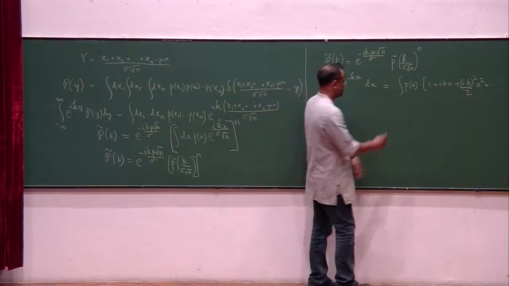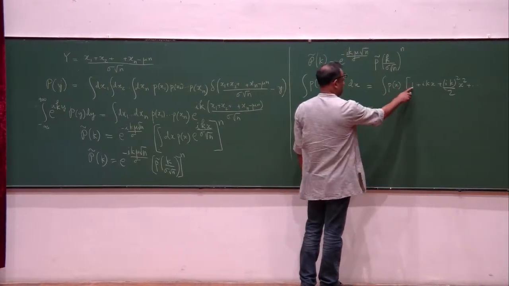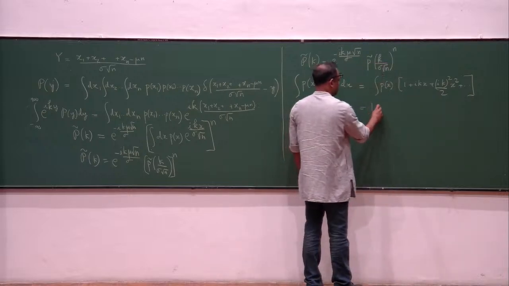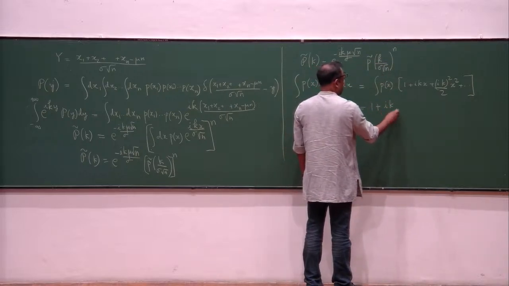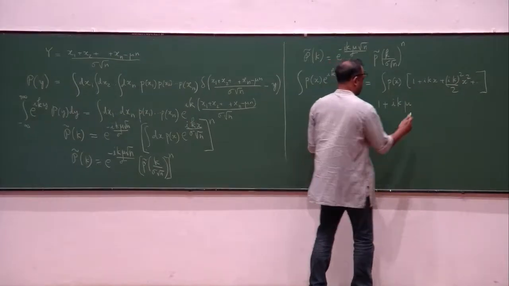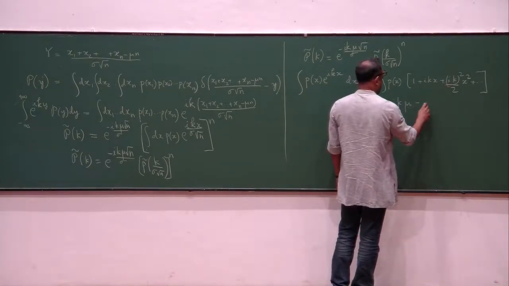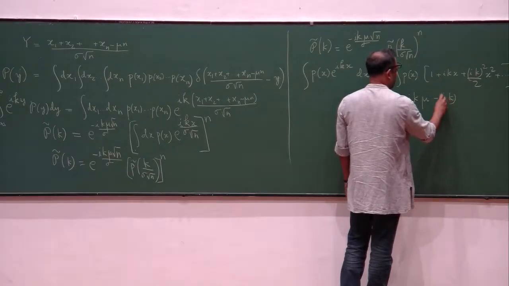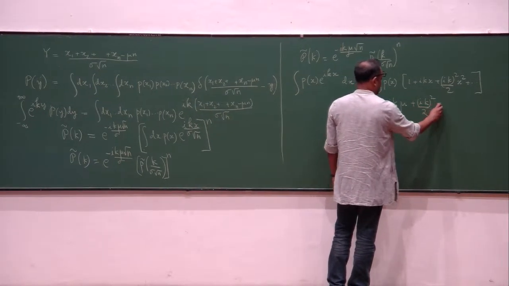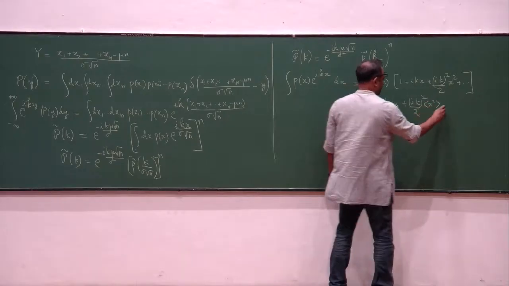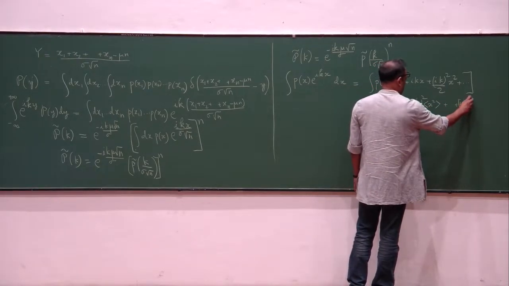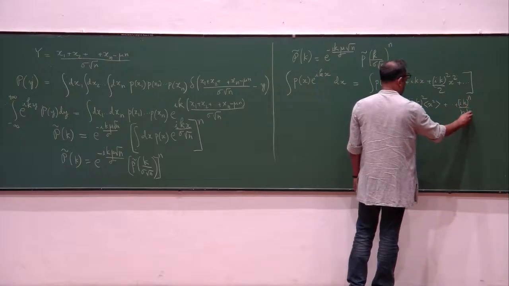So this becomes, first one is p of x into 1 integral, which is 1, plus I k expectation value of x, which is mu, minus I square k square by 2 factorial times x square average. In general, I k to the power n by n factorial.